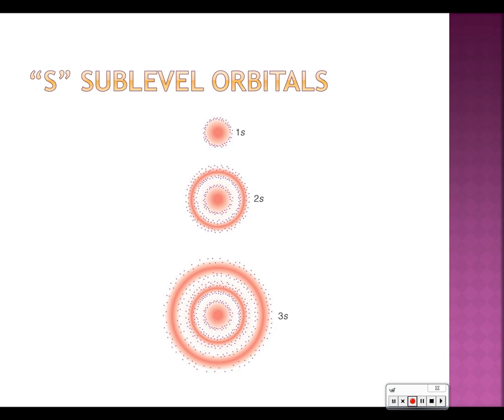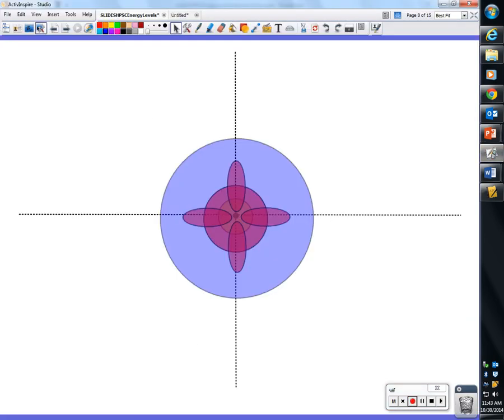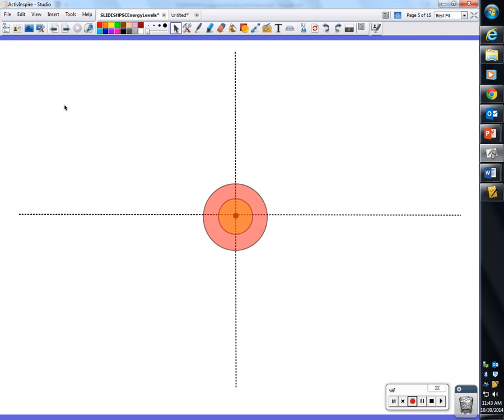But when we got to the second principal energy level, red on our drawing, it started with the sphere, but then we added these petals.